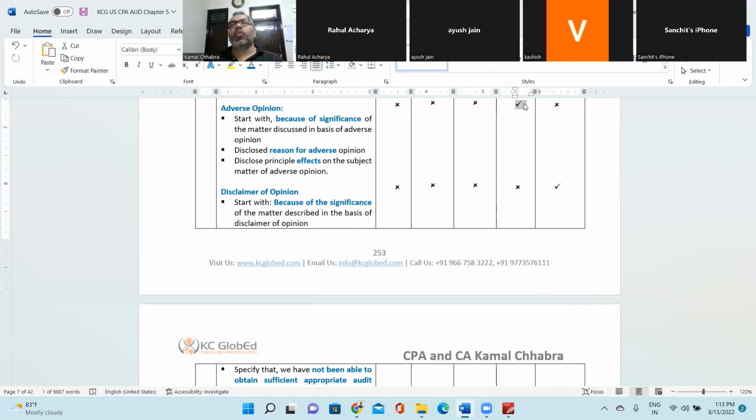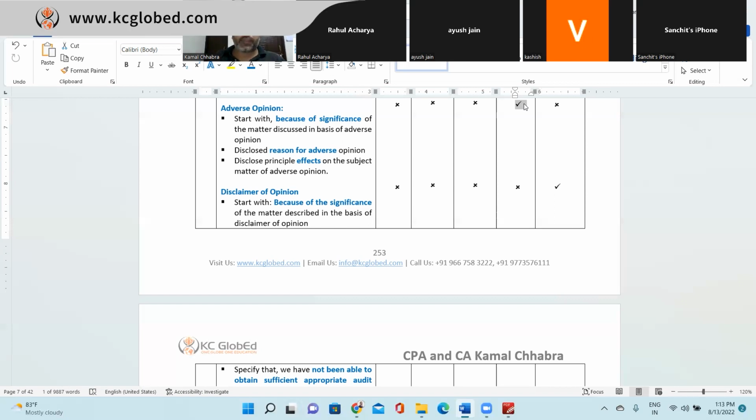For example, going concern, right? For example, sales we have discussed, which have a pervasive impact on two or more financial statement line items. So here you'll be starting the paragraph with because of the significance of the matter discussed in the basis of adverse opinion.